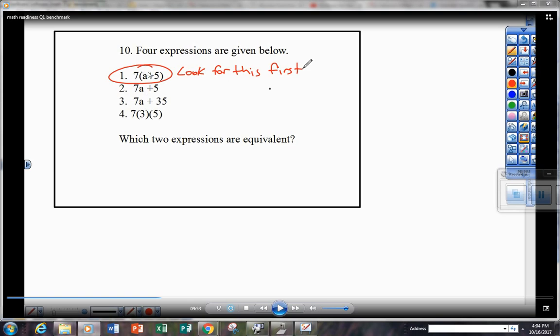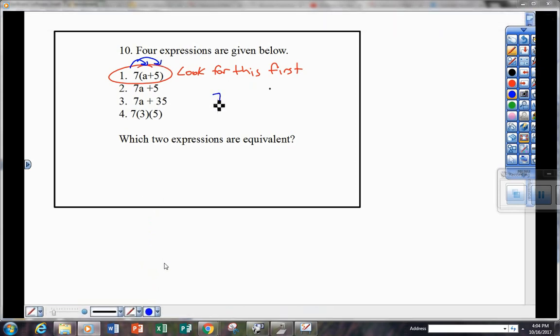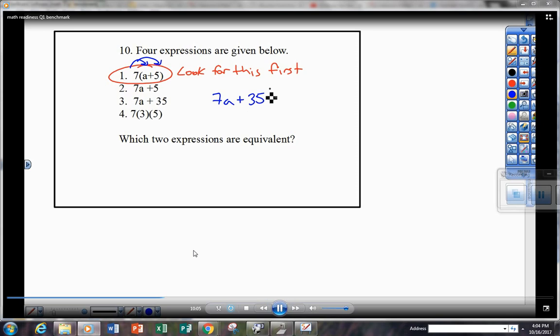Take that 7 times a, and 7 times 5, to see that the other equivalent expression has to be 7a plus 35. So that one would be 1 and 3. Make sure on this problem you give me both answers.